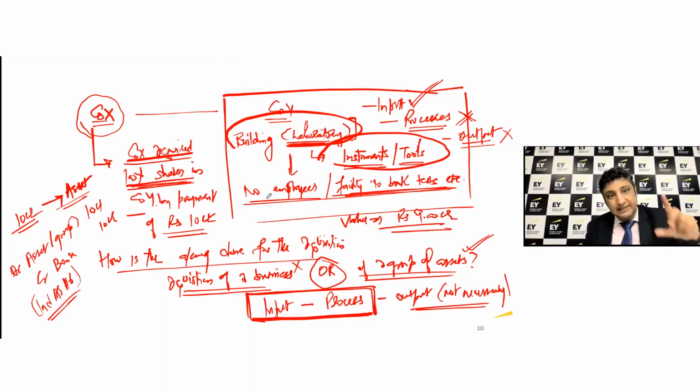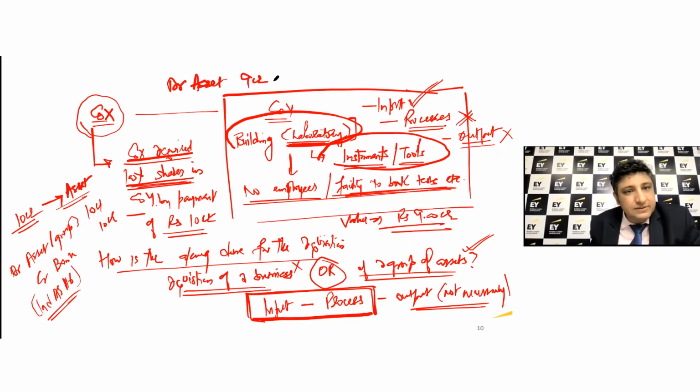Okay, and in that scenario, my accounting would have been covered under Ind AS 103, right? And then we say under Ind AS 103, we are acquiring assets worth 9 crores.